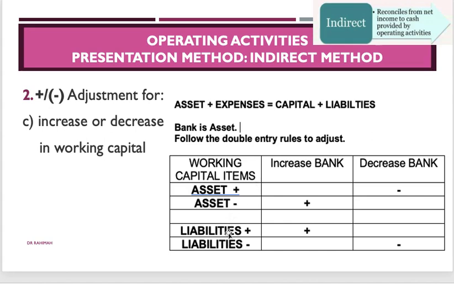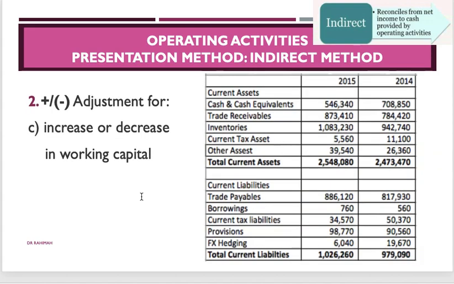So when your trade payable increases, your bank must also increase. When your trade payable decreases, your bank must also decrease. This will help you to know whether to add or to deduct. This is just an example of how you do it.